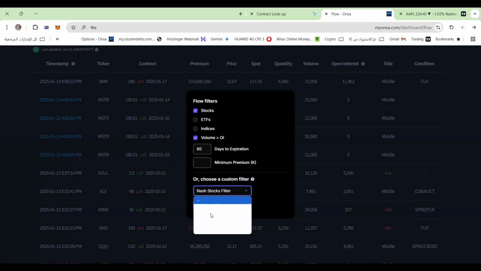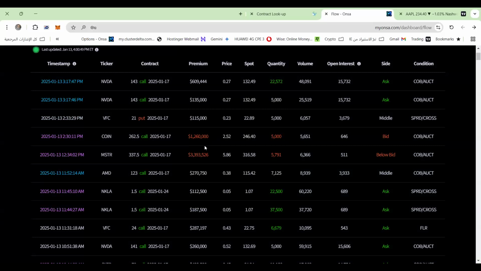There are four filters. The methodology for the filters is different. For example, the Nash stock filter focuses only on big amounts, more than 100,000 flow.